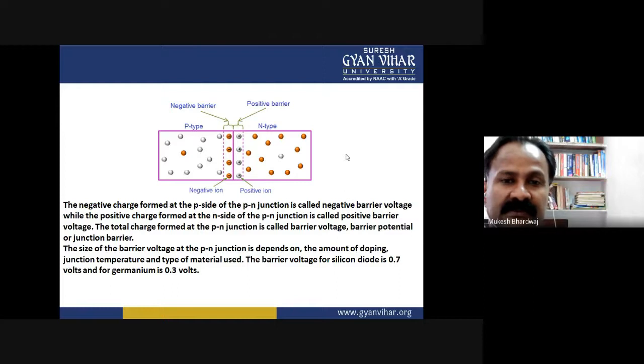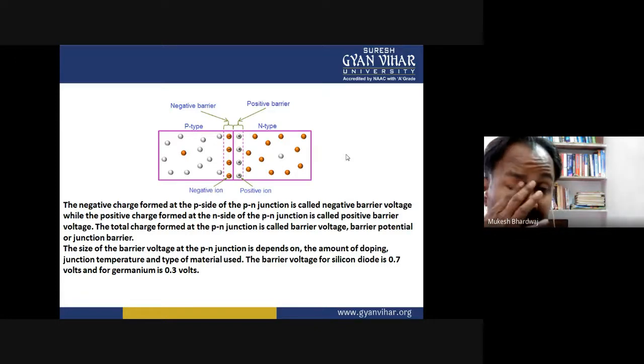Because there are no free electrons and holes present; they are depleted from this region, and the negative ions and positive ions take the place of free electrons and free holes. The negative charge formed at the p side of the p-n junction is called negative barrier voltage, while the positive charge formed at the n side of the p-n junction is called positive barrier voltage. The total charge formed at the p-n junction is called barrier voltage, barrier potential, or junction barrier.